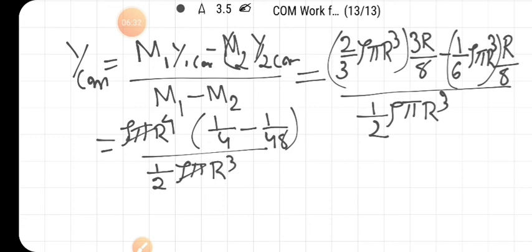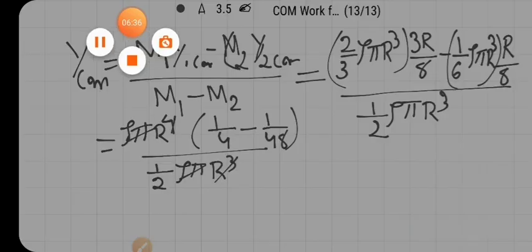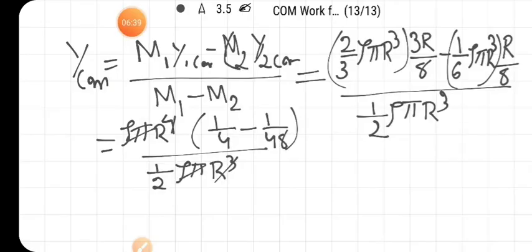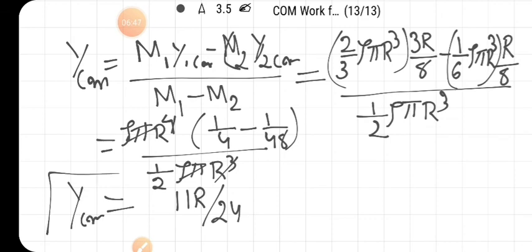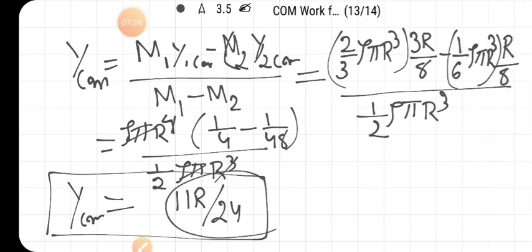So pi, r cube and this r got cancelled, and so we'll substitute the value. This will come out to be 11r by 24 for YCM. So our answer is 11r by 24.